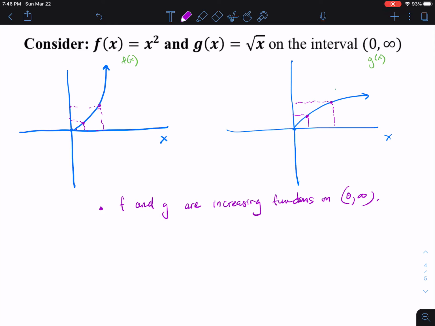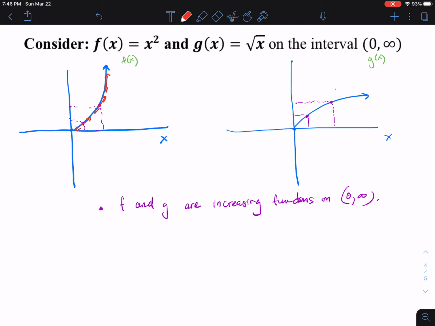We're going to use the first derivative. Let's use the first derivative to describe what type of increasing function we have there. So suppose we draw the slope of the tangent line there and there and there. So this is f prime of x.